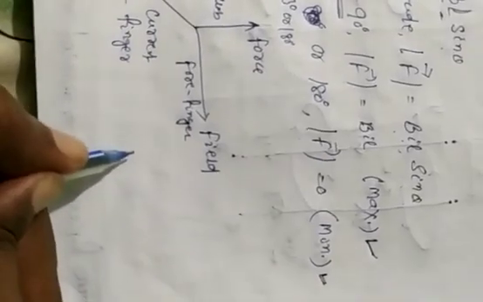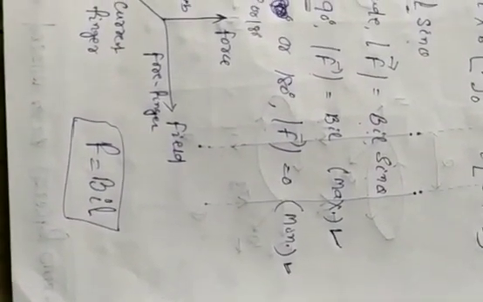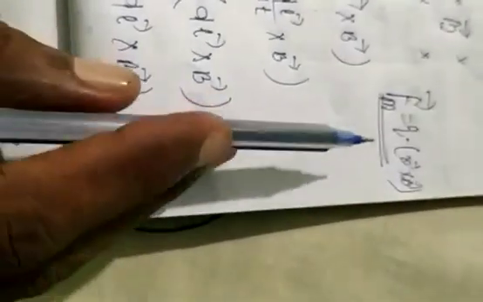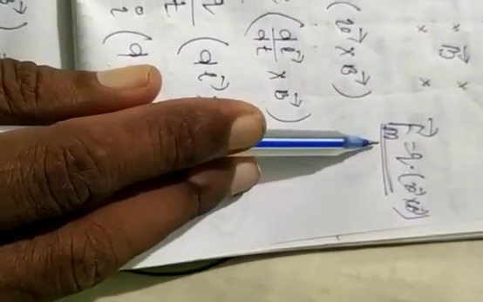Now an important note for you. As we know, F is equal to BIL, its maximum value. The force upon a charged particle moving in a magnetic field is 0 if the charge is 0. F equal to q v sin theta. If charge is 0, magnetic force will be 0.